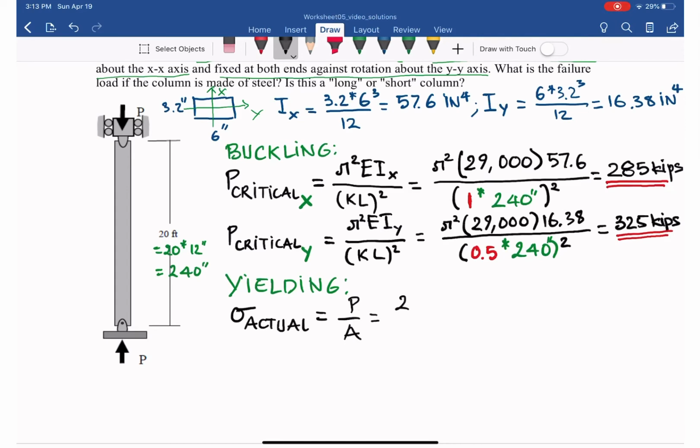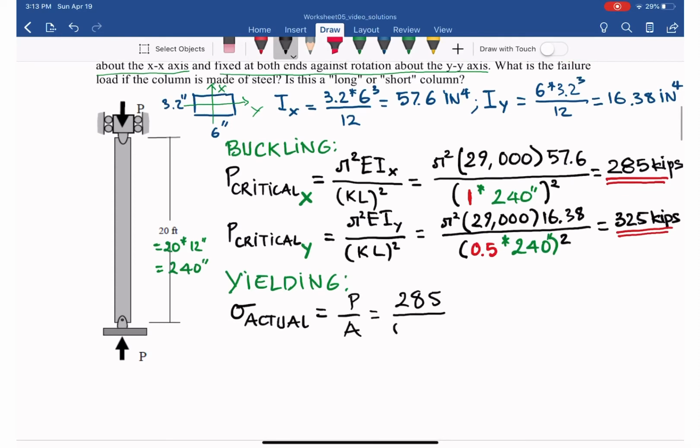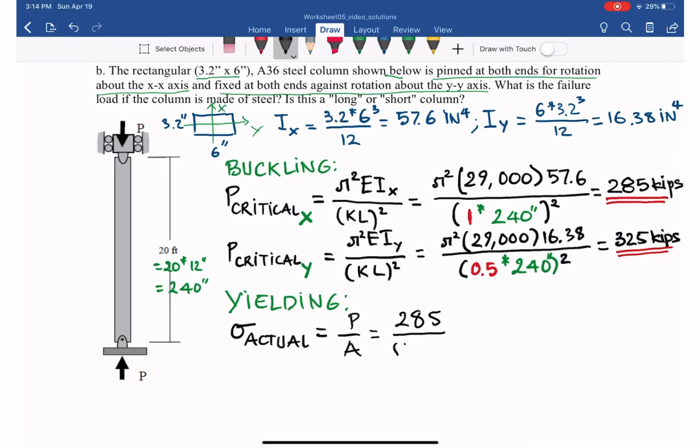So you have 285 kips divided by A, and the cross-sectional area is 3.2 times 6. With that we get 14.84 ksi. What does that mean?